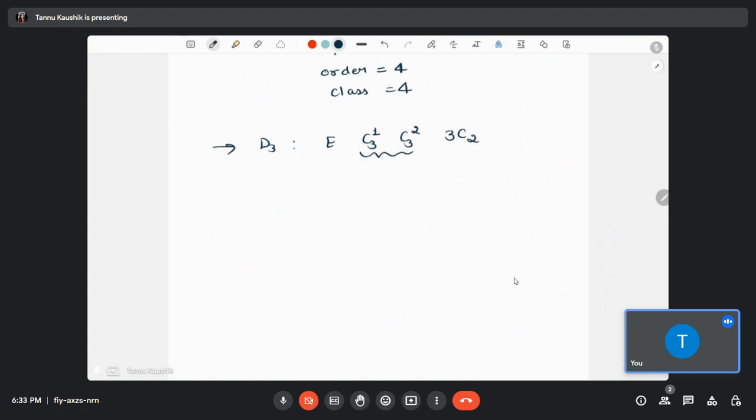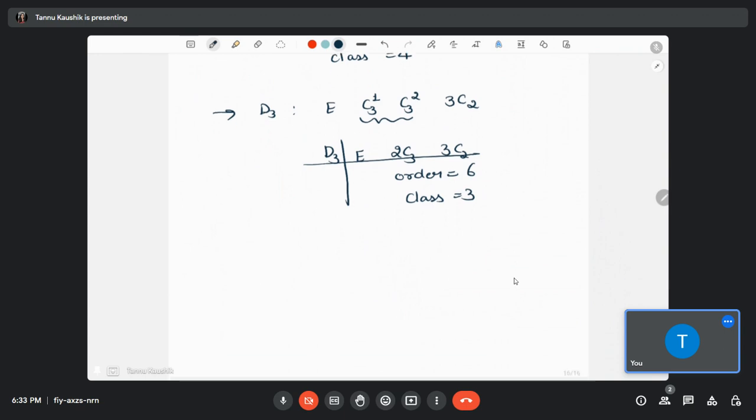And C3^1 and C3^2 will also be in the same class. So it will be represented as E, 2C3 and 3C2. So the order is 6, but the number of classes is 3.